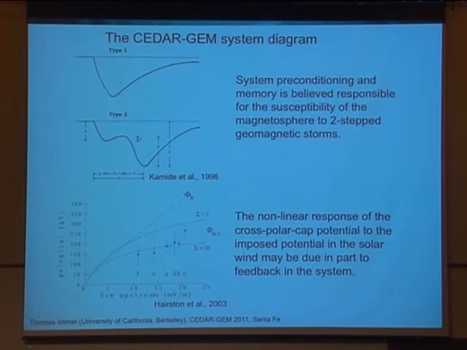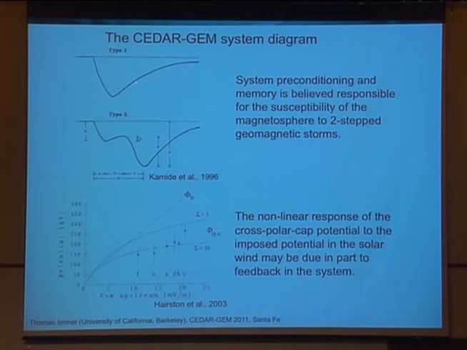The system exhibits preconditioning, as I think I mentioned before. Preconditioning and memory in the system is believed responsible for susceptibility, for example, of the magnetosphere-ionosphere system in their coupling to produce Dst.